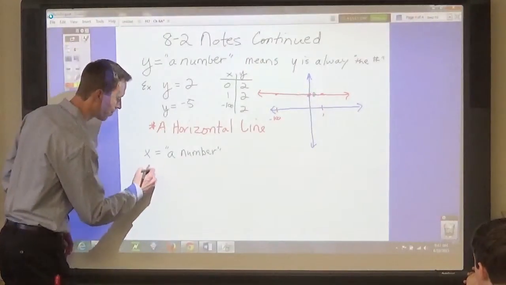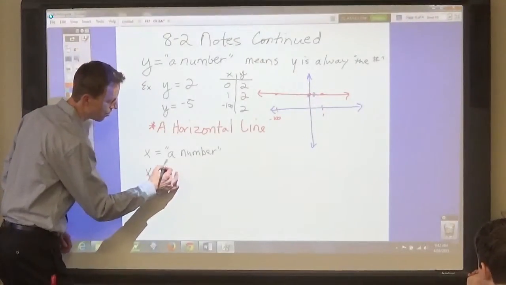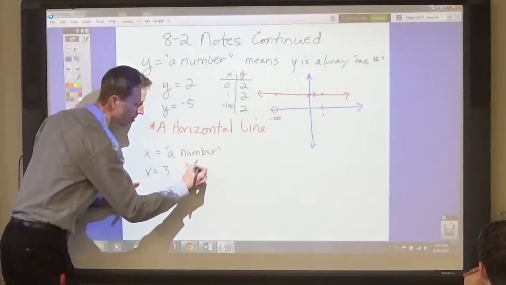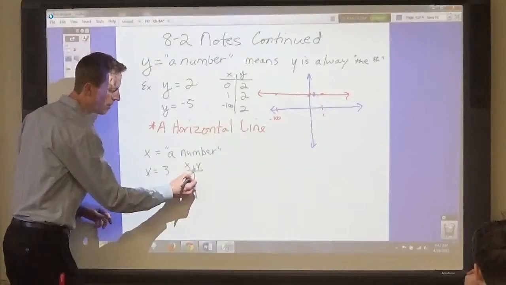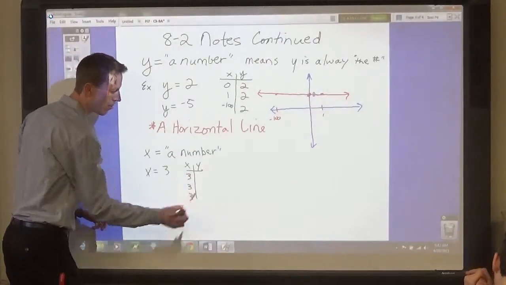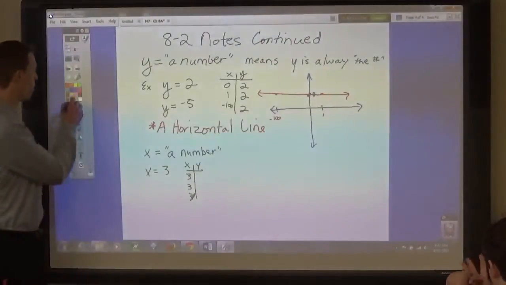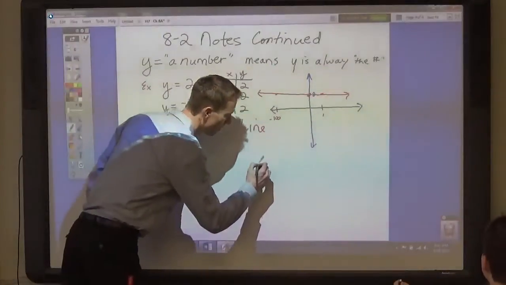That would mean if x is 3, then on your chart, that means x is always 3. So that graph would look like this.